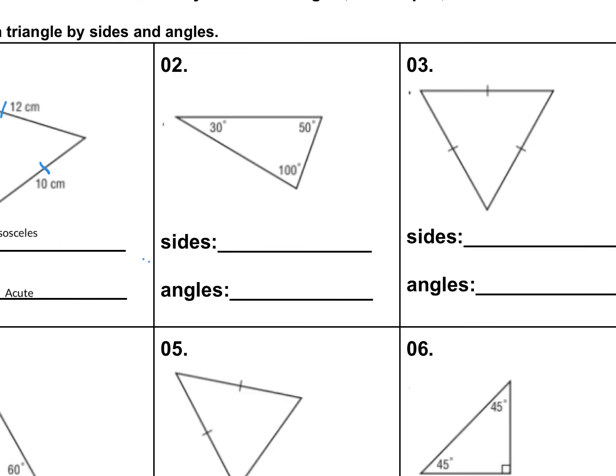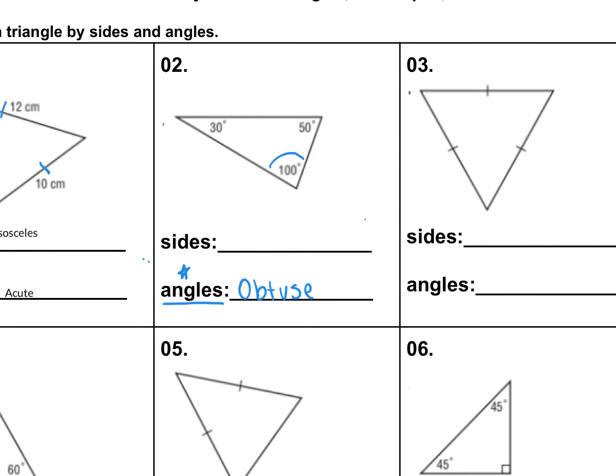Now look at number 2 here. I know that this angle in here is 100 degrees. So if it's 100 degrees, how do I classify this triangle based on the angle? Yep, this would be obtuse.